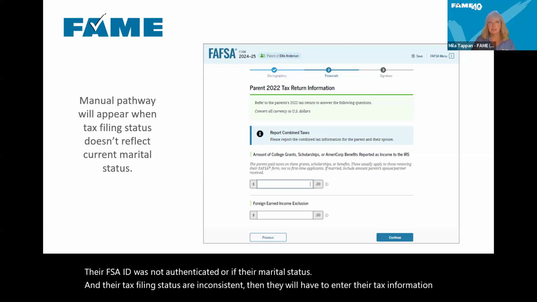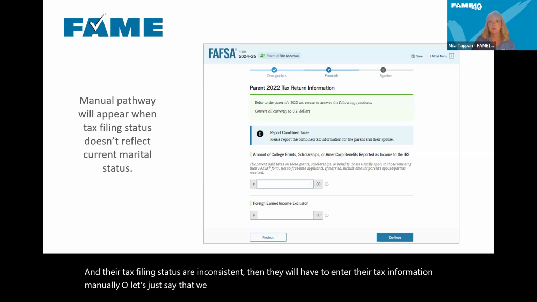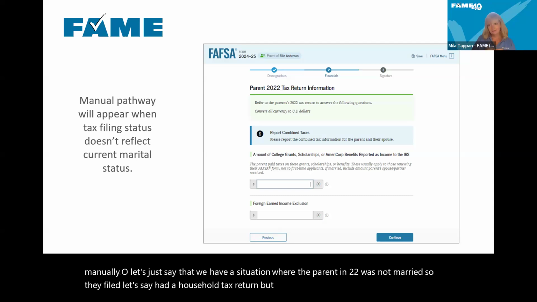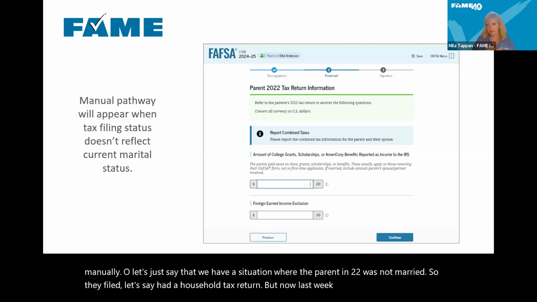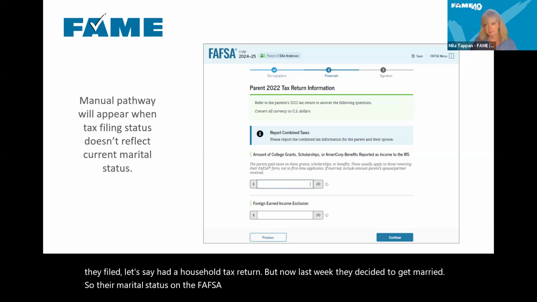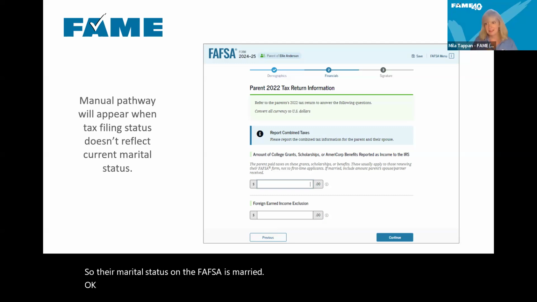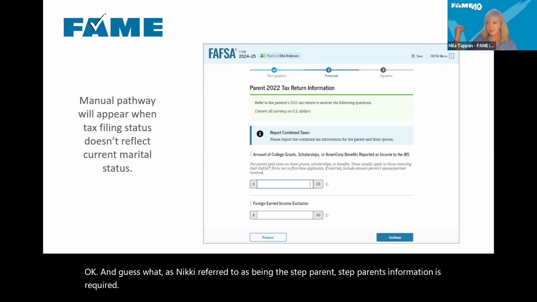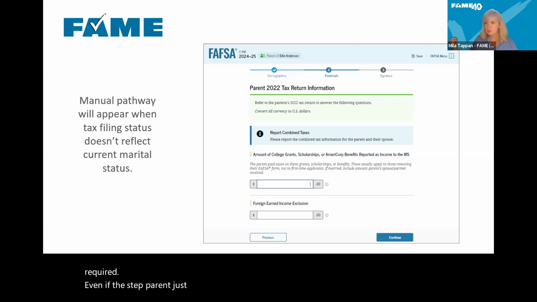So let's just say that we have a situation where the parent in 22 was not married. So they filed, let's say, a head of household tax return. But now, last week, they decided to get married. So their marital status on the FAFSA is married. Okay? And guess what? As Nikki referred to, the step parent's information is required, even if the step parent just became the step parent last week.